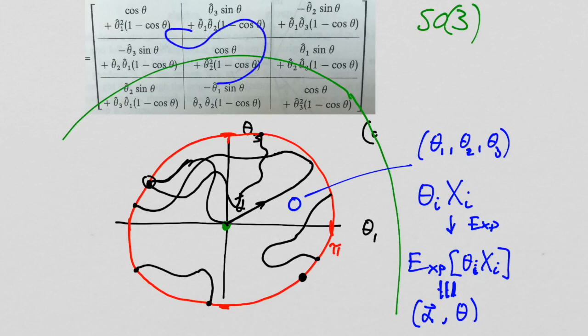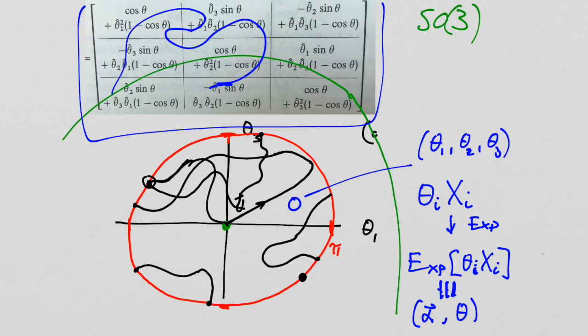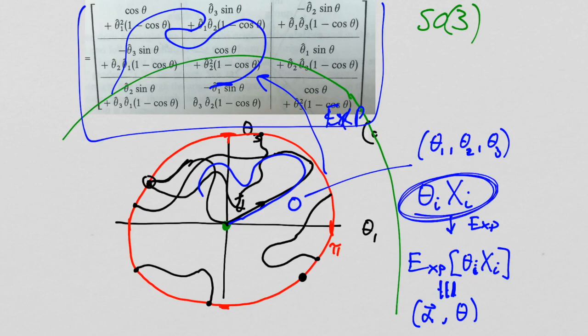If this is the group, this path here in the group might correspond to this path here in the algebra. And this process of going from here to here is exponentiation. And the way you know what you're exponentiating is you take the algebra element and exponentiate it in principle. But we've already done all the exponentiation in advance, right? That's how we got this matrix to begin with.